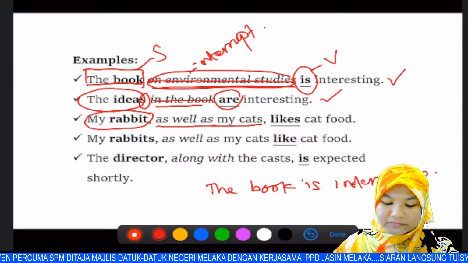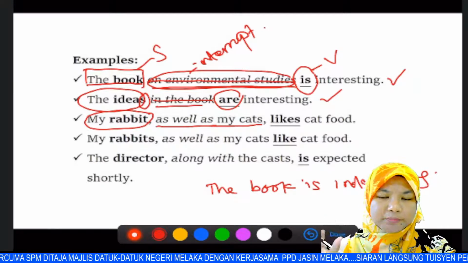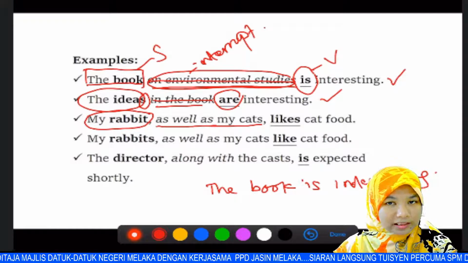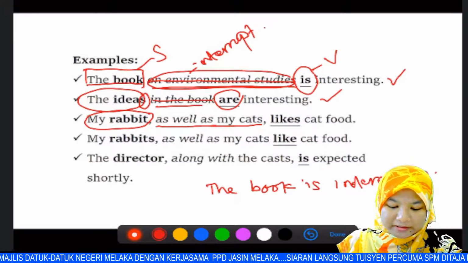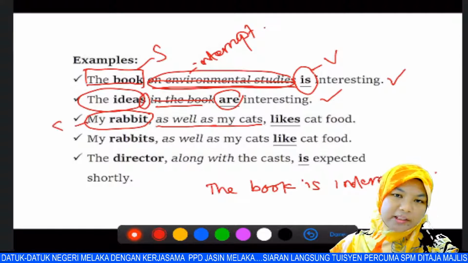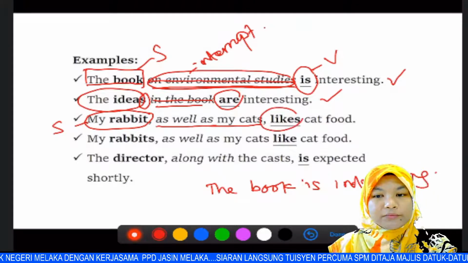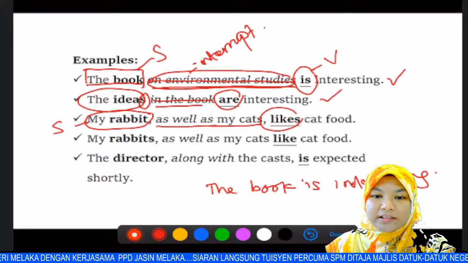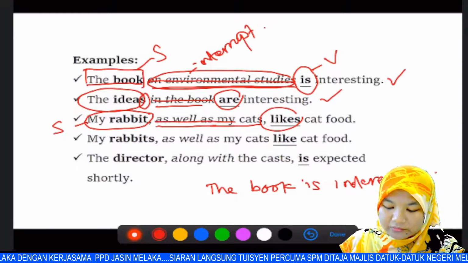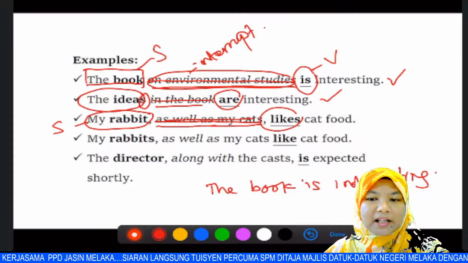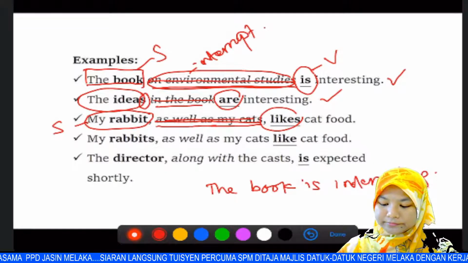Whatever it is, the main point of the sentence is the rabbit, so this is singular. My rabbit likes cat food. It still makes sense even without mentioning the cat.